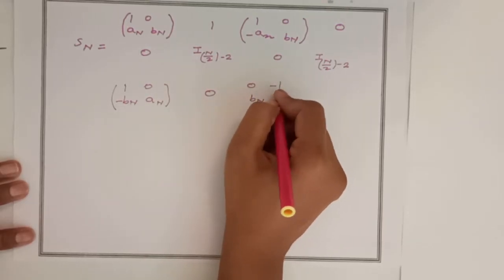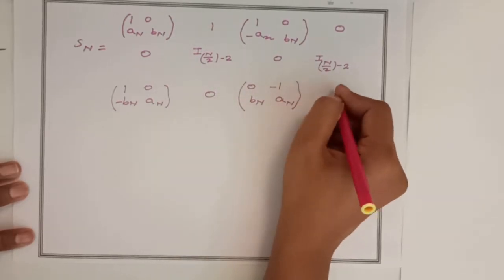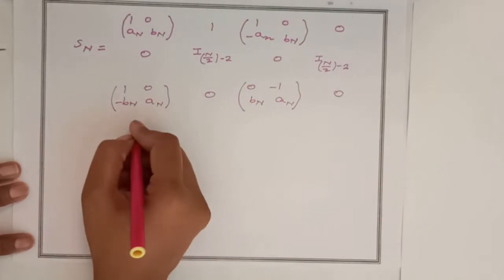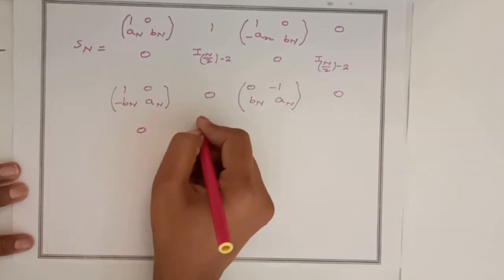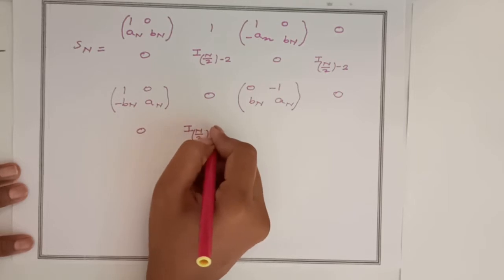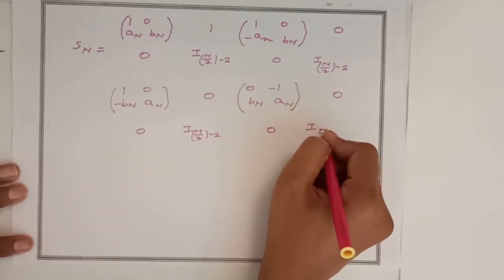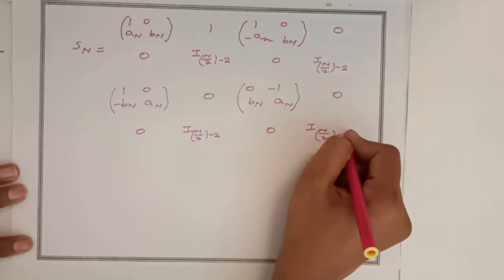Next coefficient is 0, then 0, minus 1, bn, an, and next is 0. The fourth row is 0, I n by 2 minus 2, then 0, I n by 2 minus 2.